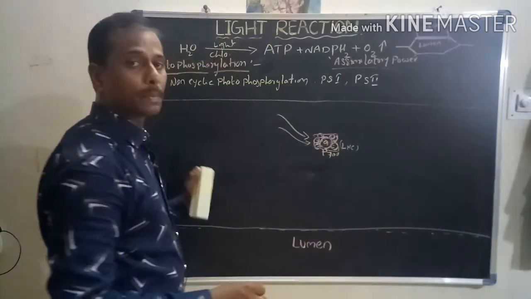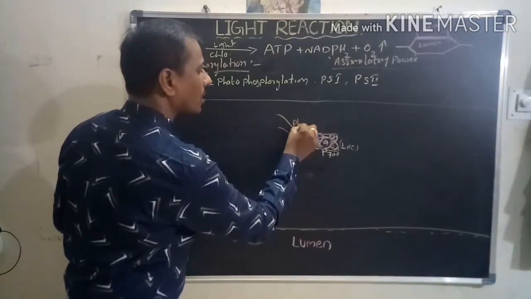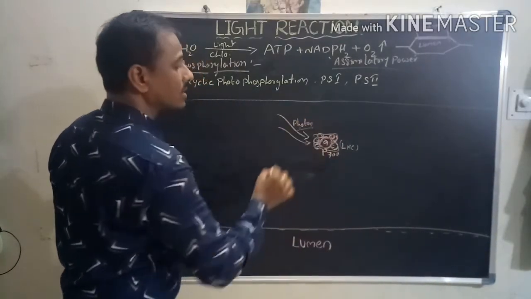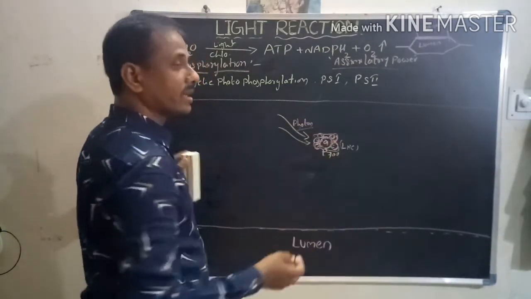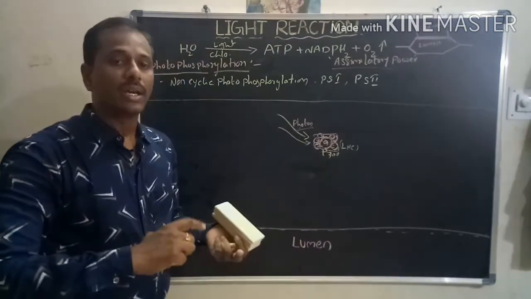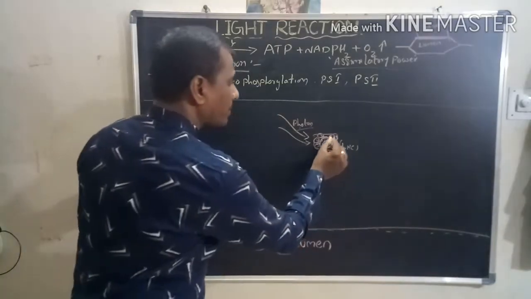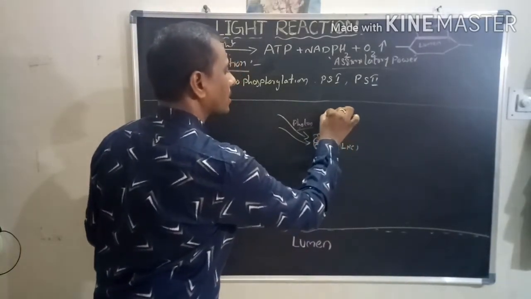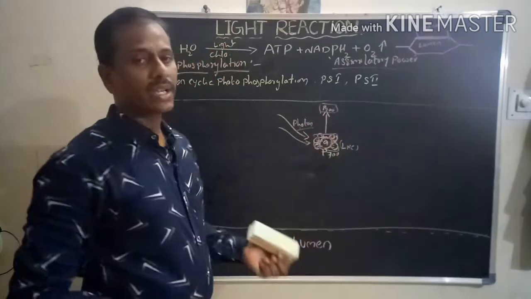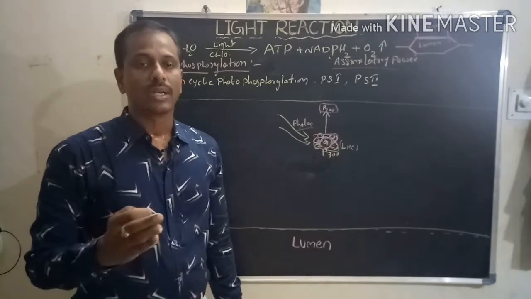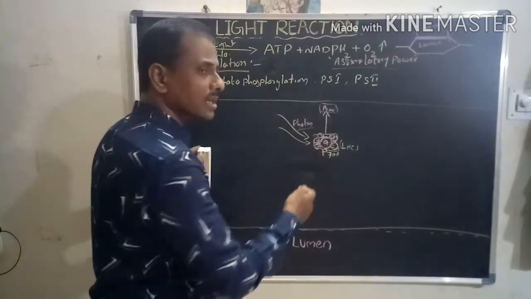When PS1 or P700 receives the light energy, the light is called photon light. The light particle is called a photon. When PS1 receives the photon, it gets the energy and is excited. Chlorophyll is a chemical compound.